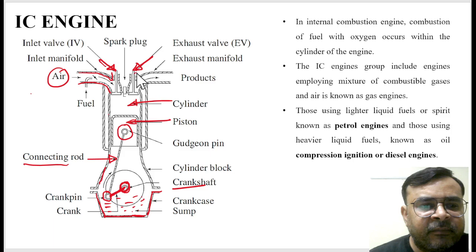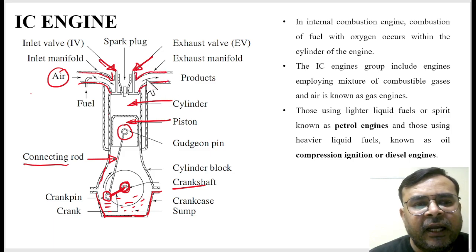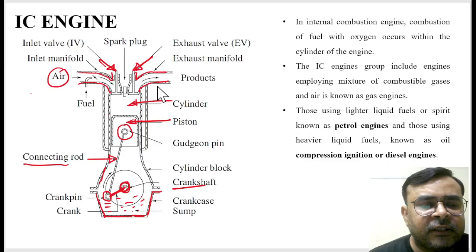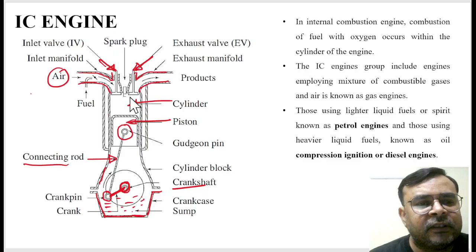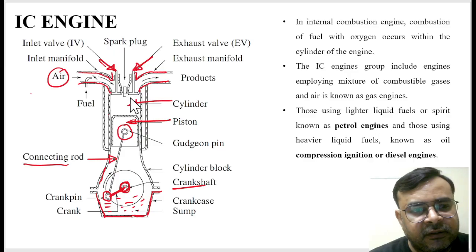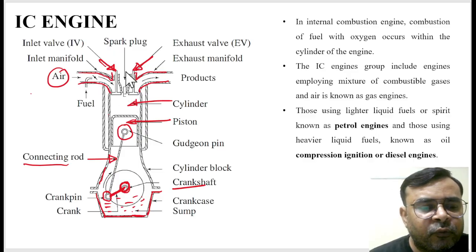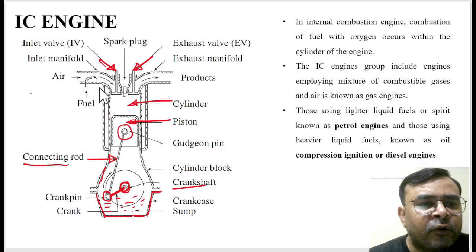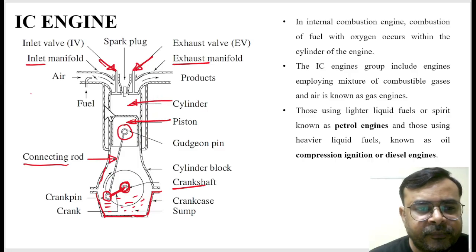This is another manifold, called the exhaust manifold, and its purpose is to remove all the combustion products inside the cylinder after the expansion. So here we have two valves and two manifolds, one manifold for the inlet and another for the exhaust.